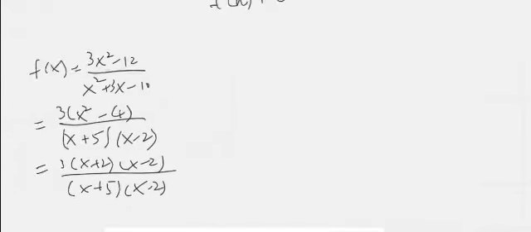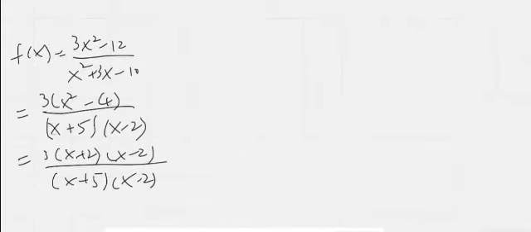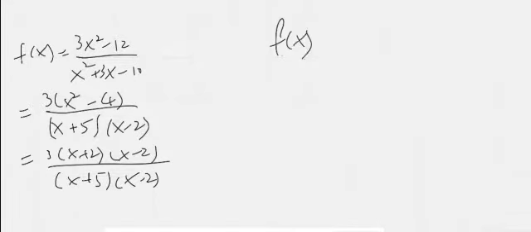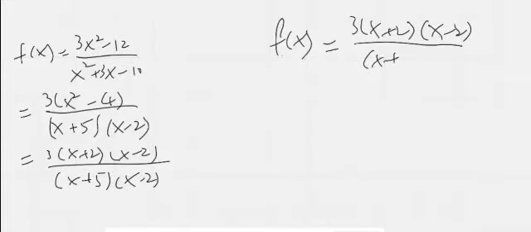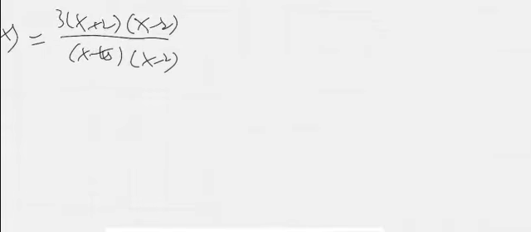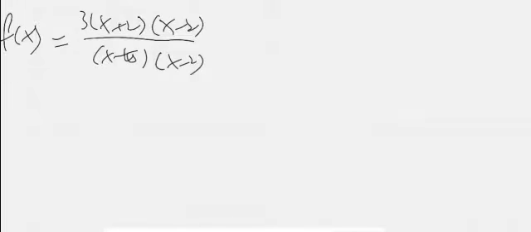So now let me copy this onto the side. 3 times x plus 2 and x minus 2 over x plus 5 and x minus 2. Now let's start to identify the components in this function.